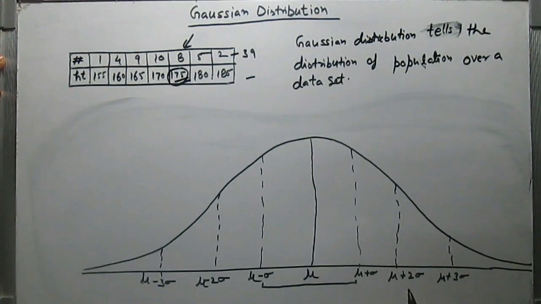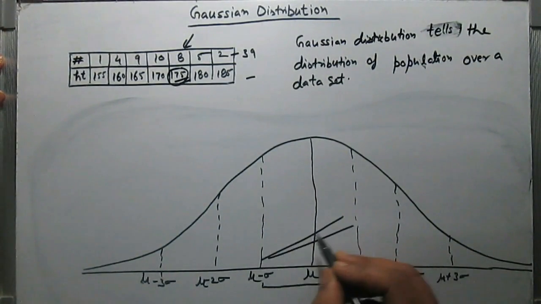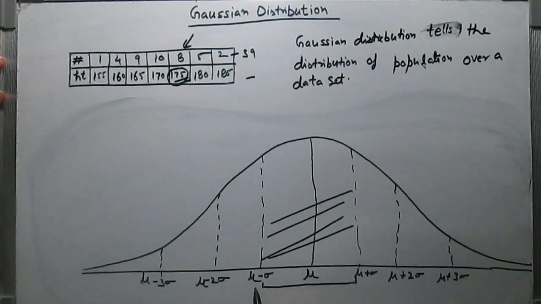Now this distribution has the following property: the population covered in this particular area, from mu minus sigma to mu plus sigma, is 68%.